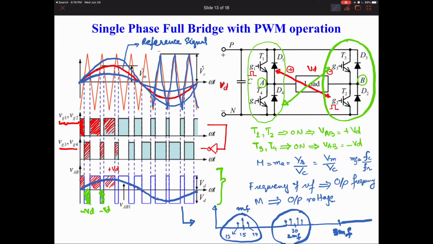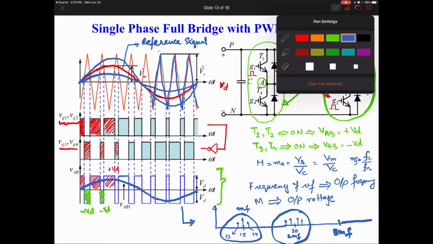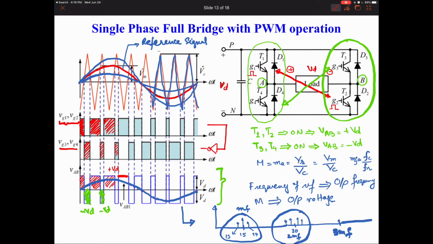This is said to be bipolar switching because your output voltage is going to change between plus VD and minus VD. There is no zero voltage level over here. So we call it bipolar switching. In bipolar switching, we have two voltage levels, either plus VD or minus VD.